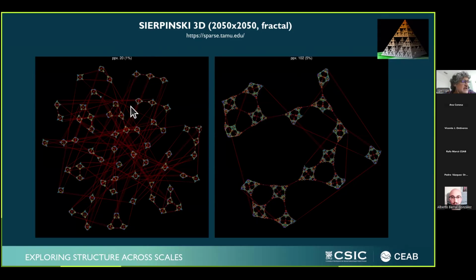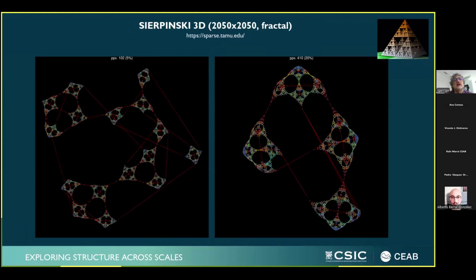But as the neighborhood size is low, it does not convey enough information for the algorithm to reconstruct the structure at a higher level of organization. But then if we move to higher levels of perplexity, here, for instance, we have used 5% of the data, then we can see how these little structures start to organize in higher level structures.